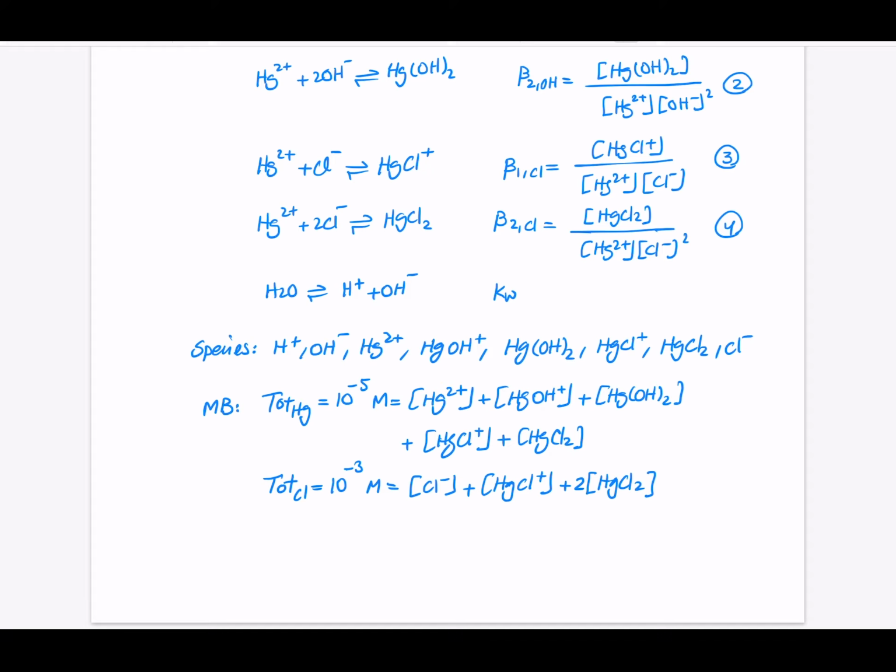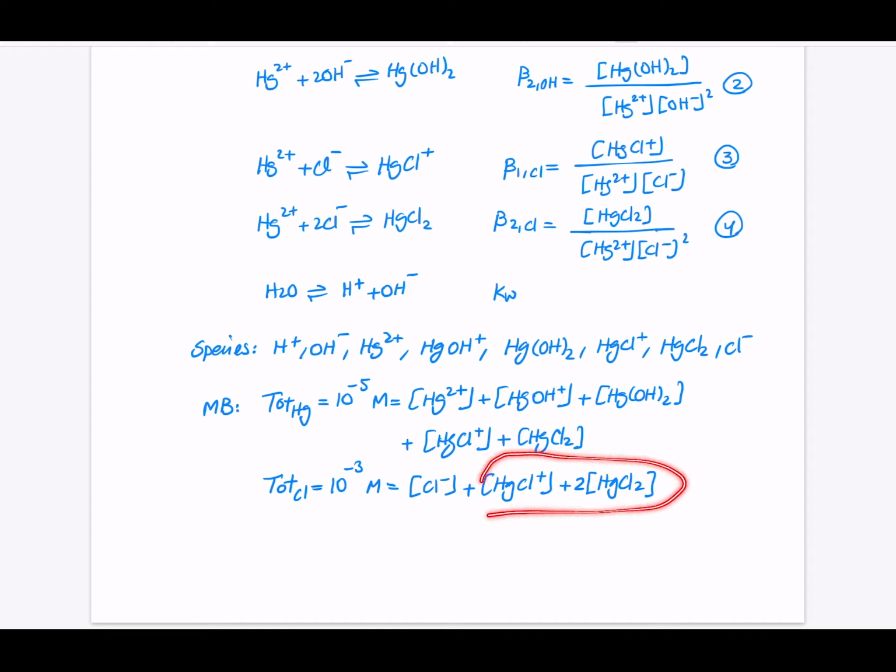Exactly. So the point is, assume all Hg is consumed by Cl minus, all of them, or a combination of Cl plus and Cl2. Still, the maximum of that contribution would be 10 to the minus 5, from the mass balance of Hg.